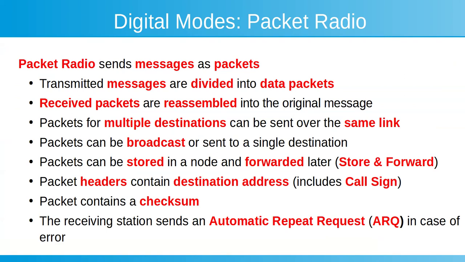So when we talked about packet radio sending messages, a message could be fairly long, so it may be broken up into multiple packets. Because packets, the way they work, are essentially a fixed length. And they'll have some kind of sequence number, so you know how to put them back together.